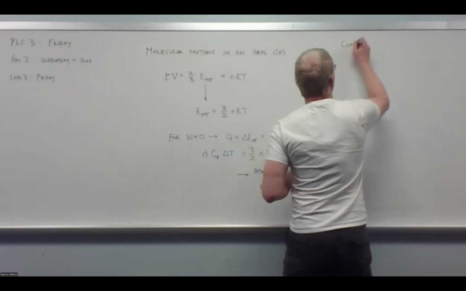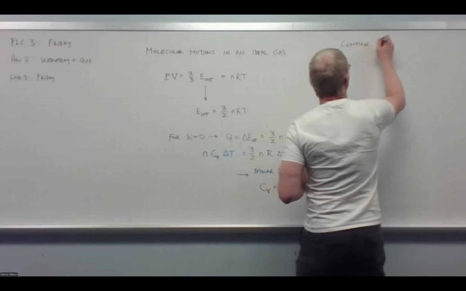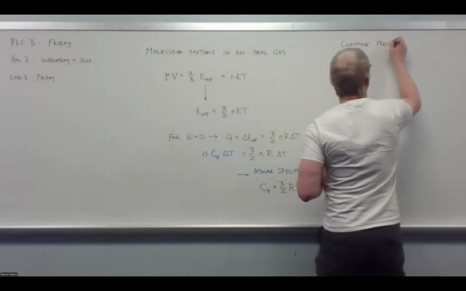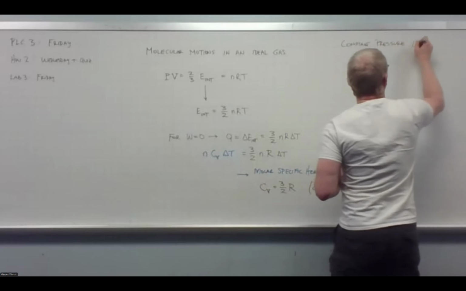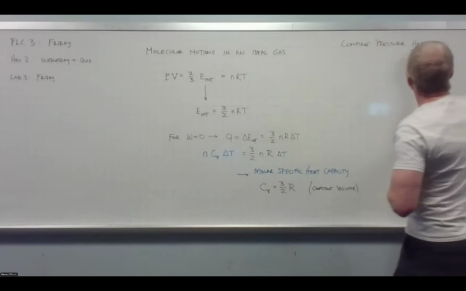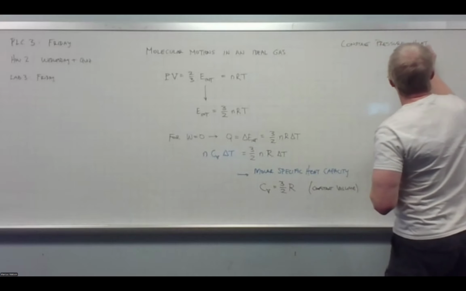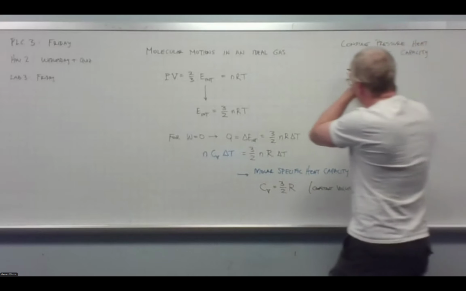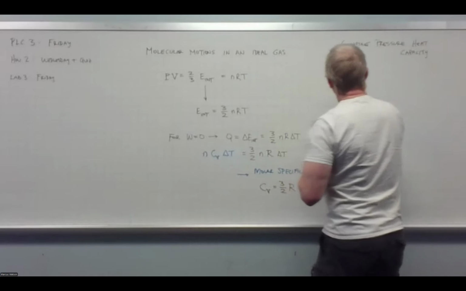And so we also have the constant pressure heat capacity, which we call C_P, right?